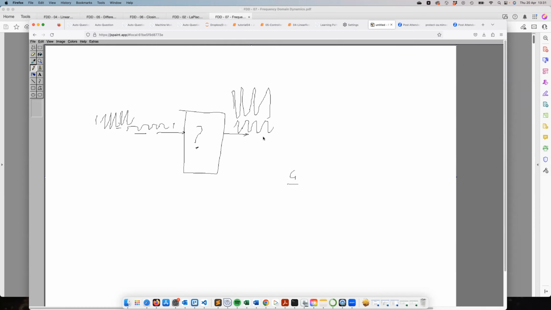And that's purely because the system has a certain delay in it. It takes some time for the system to respond. And so at a certain frequency, you might get a kind of reinforcement effect that the process rises, or it responds to a change in the input at a certain rate.